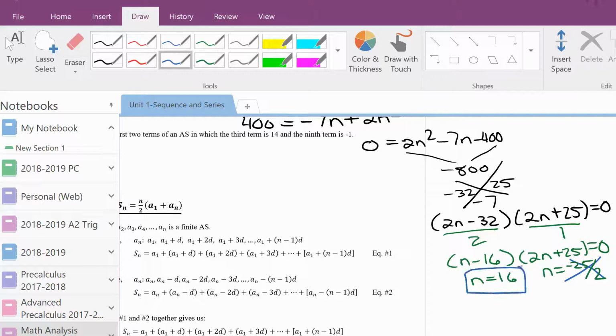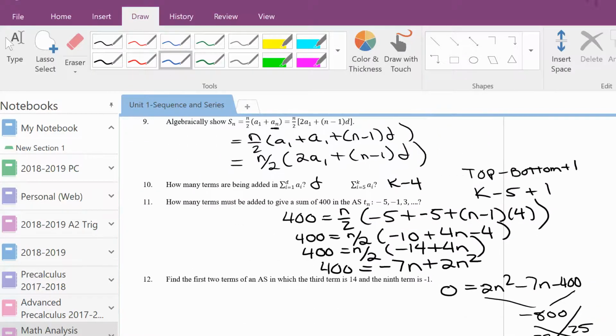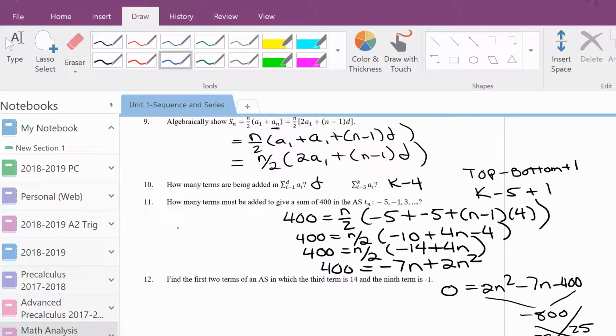So that means there are 16 terms in this sequence. So 16 terms must be added for t sub n to have a sum of 400.